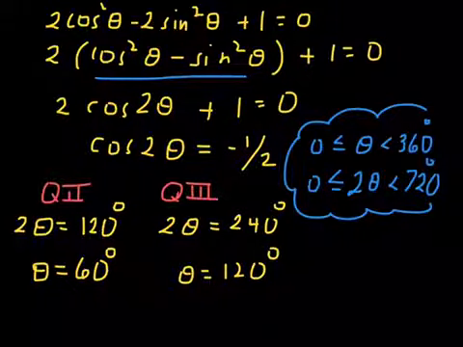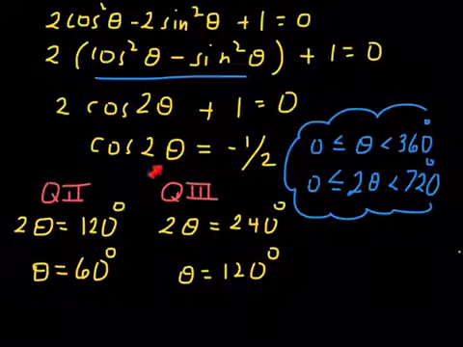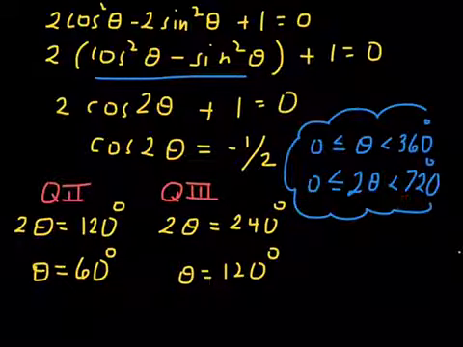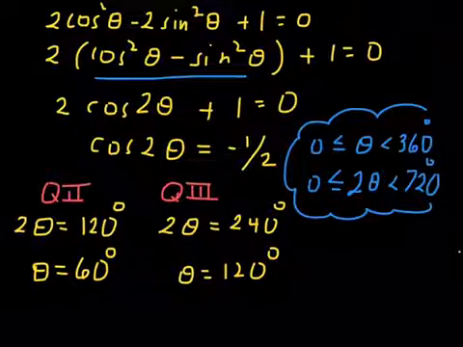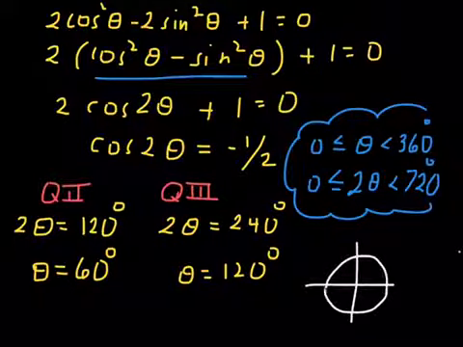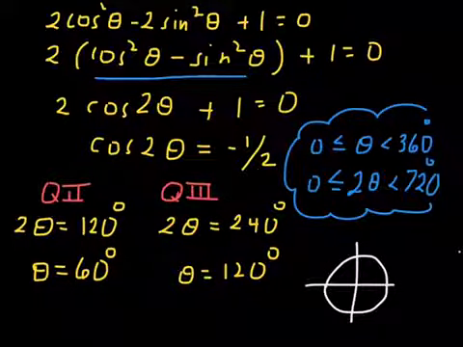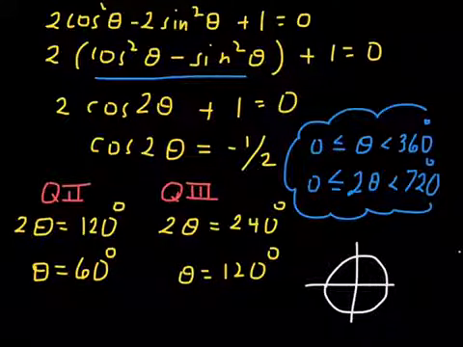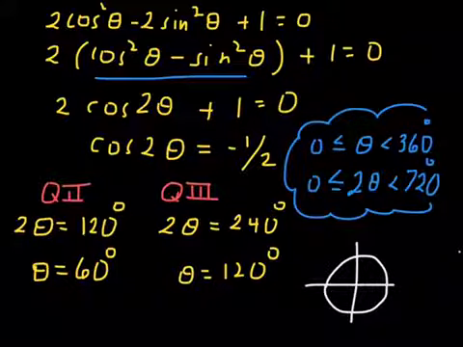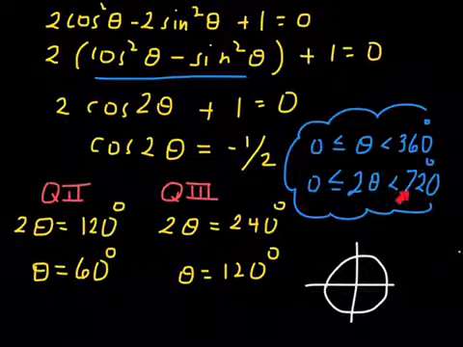Okay, we're not done though, guys. Remember, we're substituting things in for 2 theta, and 2 theta has to be between 0 and 720. So this is what you've done so far. Here's the visual, okay? I always go to a visual if I can, for those that understand a little better looking at a picture. So I see that for 2 theta, we're going to go from 0 to 720 degrees.